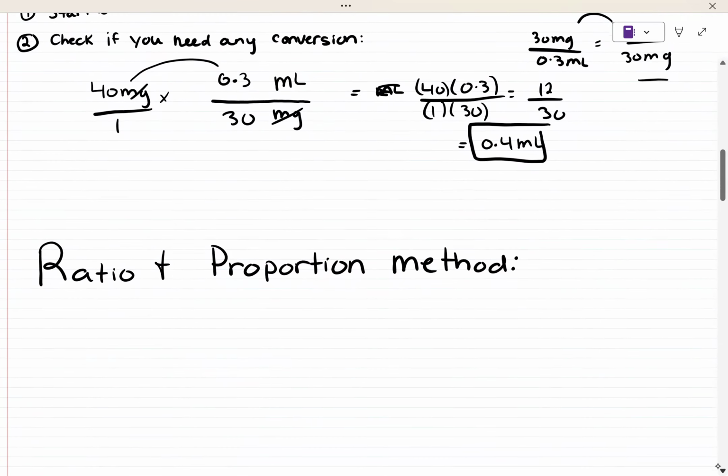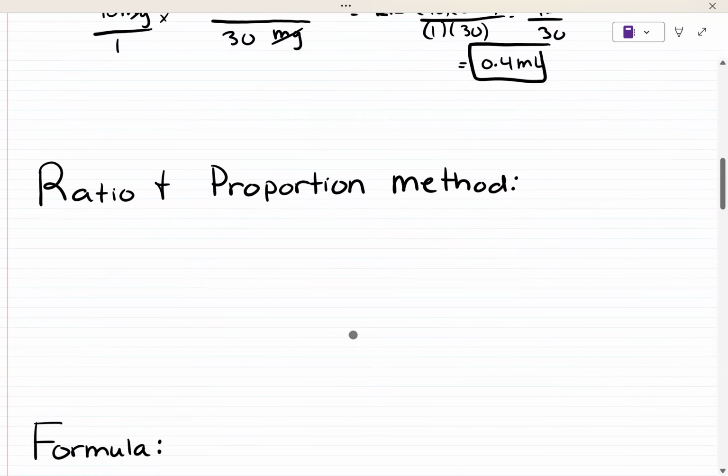Now let's do the same problem using the ratio and proportion method. We can set it up like this, a fraction, an equal sign, and another fraction. We have two units, milligrams and milliliters. You could put milligrams on top and milliliters on the bottom, or vice versa.